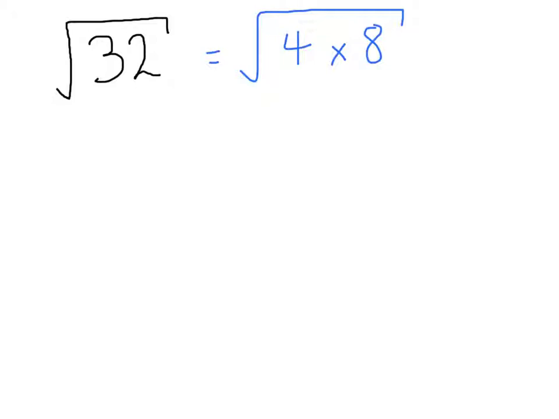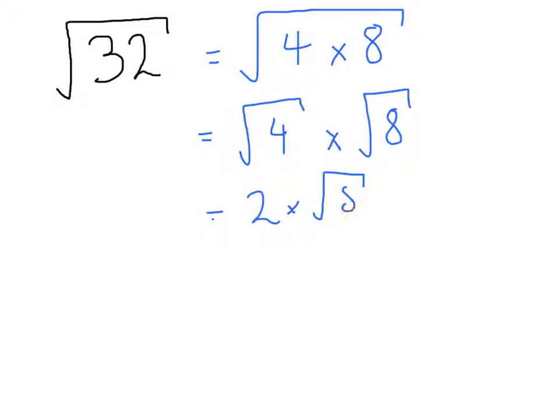Because we've got a times in the middle of the square root sign, we can split it into 2. So this becomes the square root of 4 times the square root of 8. Then the square root of 4 just becomes 2. So we've got 2 times the square root of 8.